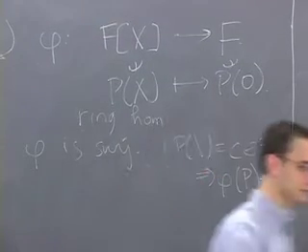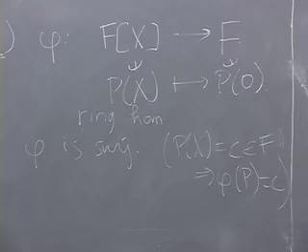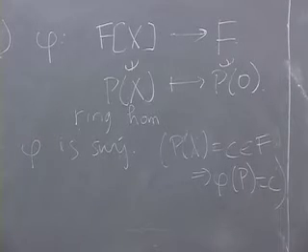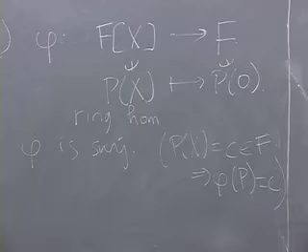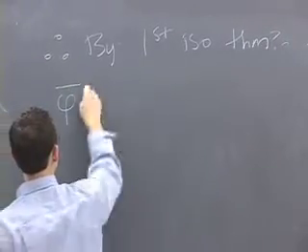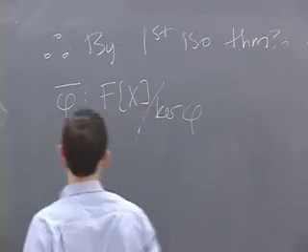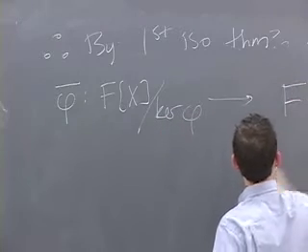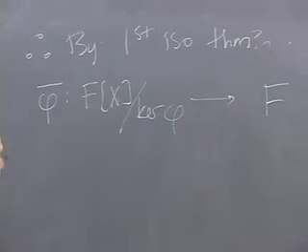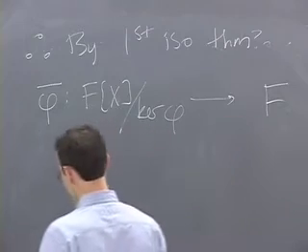The point is that by the first isomorphism theorem, there is a natural isomorphism between F[x] modulo the kernel of this map phi, and F. So of course our goal is to show that the kernel is exactly the principal ideal generated by x.